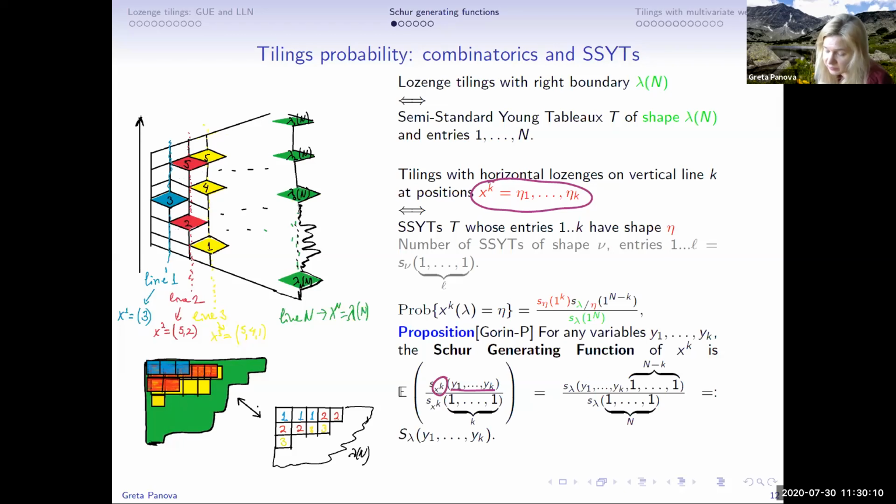Well, we know what this probability is, so we have to do a sum here. And if we do the sum right, then we get the ratio of two Schur functions. And this is this normalized Schur function that I showed in the beginning.